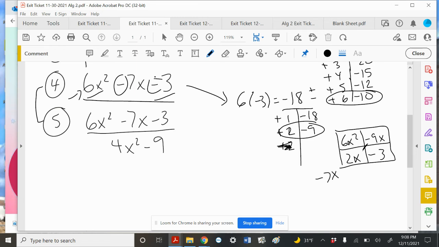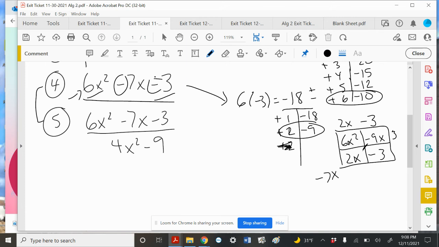So now we look at the first column. The first column would be these two numbers here. What's common to those? I can see that a 2 goes into both of them and an x goes into both of them. I'm then going to look at this column here. We look at the 9 and the 3, and of course 3 goes into both of them. Then I see this negative at the top of the column, so that means it has to be negative. I go across. What's common between 6 and 9?